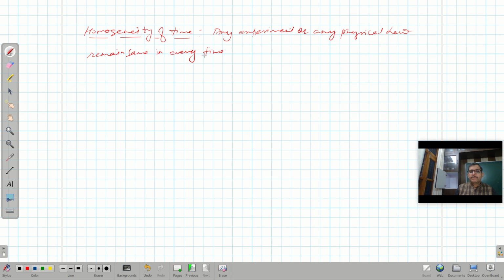Every time means it is independent of present, past, or future. It means if some law is valid today, then it is also valid 100 years ago, and it is also valid 100 or more years ahead, right?